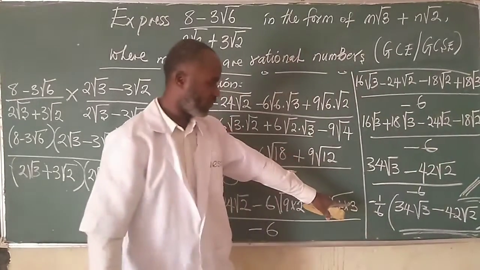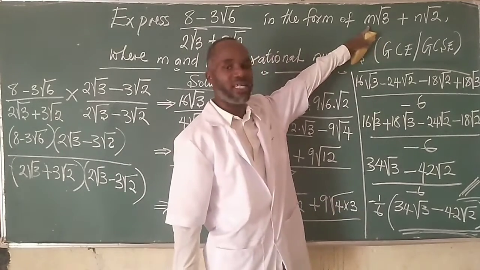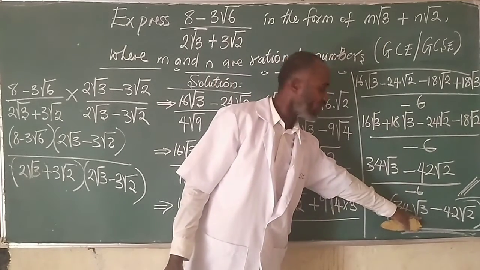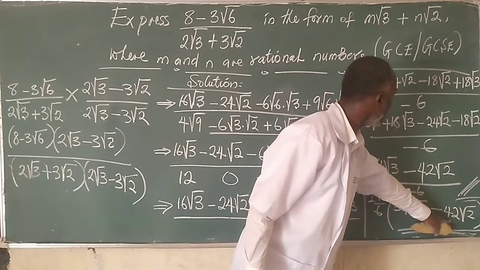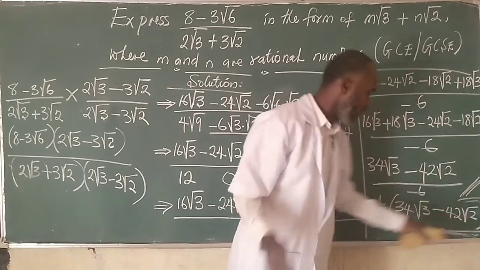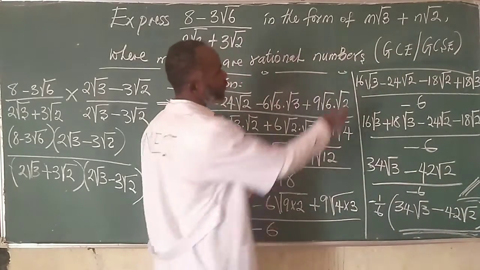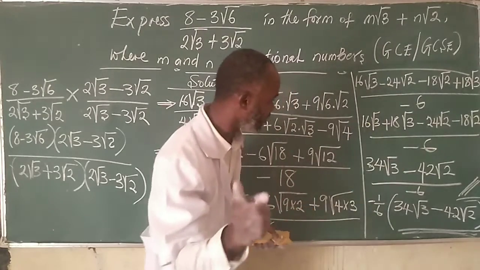That is it, finally. So 34 represents m, you can see the square root 3, and then 42 represents n, you can see the square root 2, okay? But there is something here. They say we should have plus. And that is very simple.